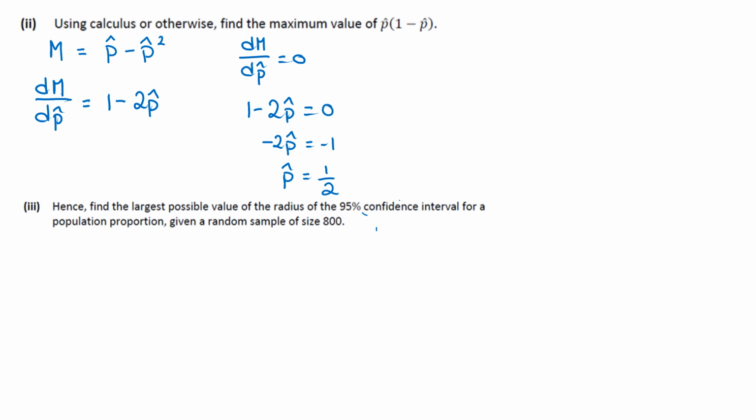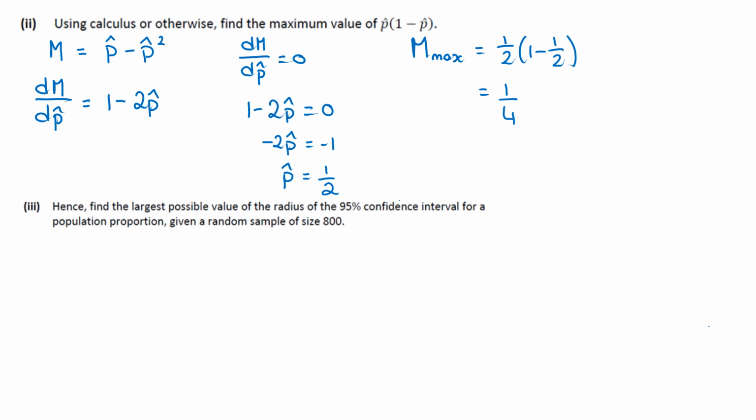So that's the value of p hat that will give a maximum value of our m. Therefore m max is going to be a half bracket 1 minus a half, which is a half by a half, which is a quarter. So the maximum value we can get there is a quarter.